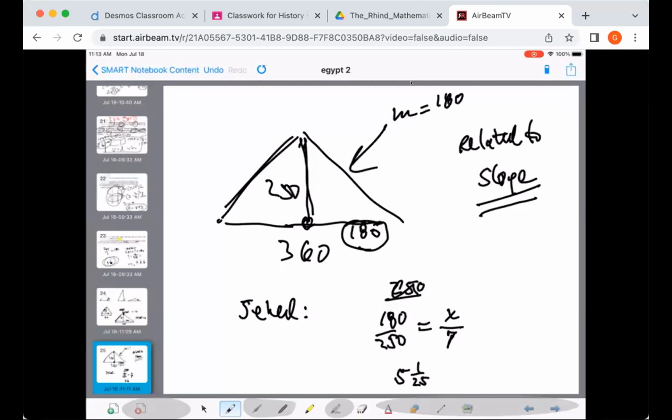is 180 over 250. No, it's 250 over 180. The reciprocal of the slope is 180 over 250. And the secant is 180 over 250 times 7.